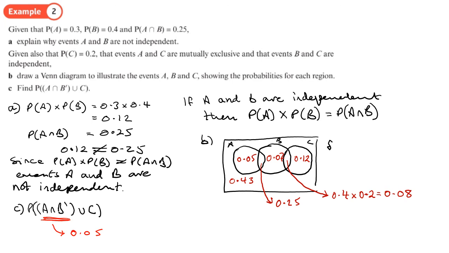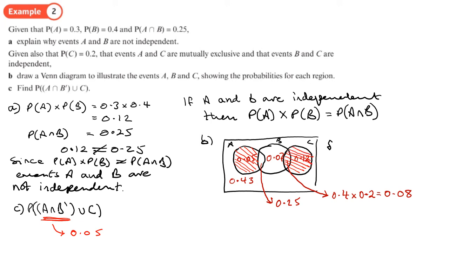Now actually I will go back and do shading on this. So let me shade what is A and not B. A and not B is this bit here. And where does that overlap with C? Now actually it's not overlap, it's what's in C as well. So I also want this.